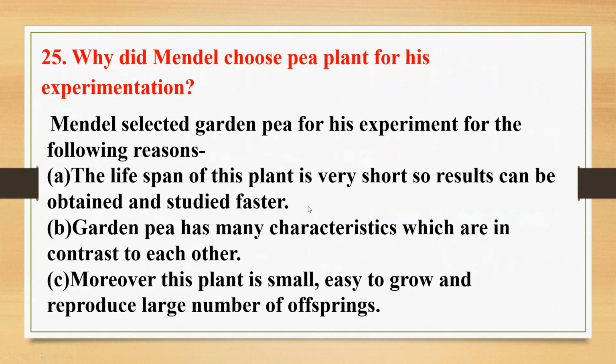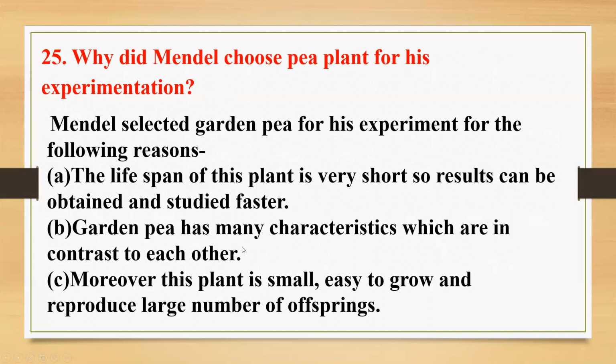If the lifetime is only 2 or 3 months, within 1 year we can easily study 3 to 4 generations. That is why the possibility to understand how heredity works is easier. That is one reason.